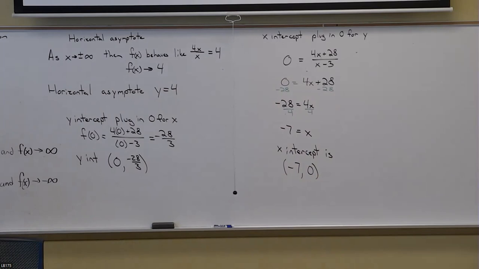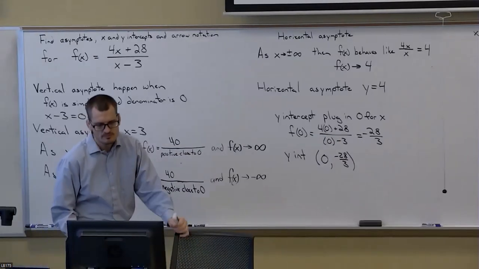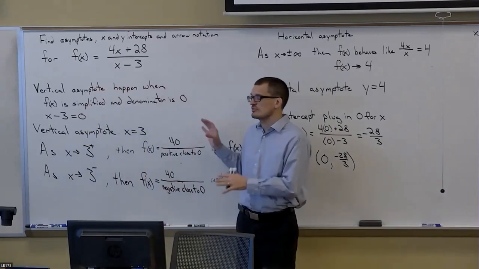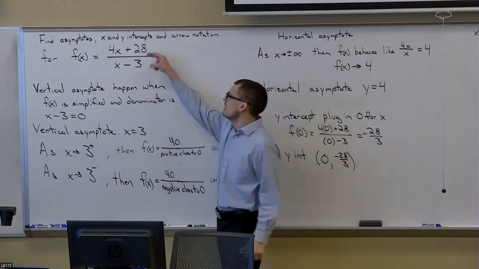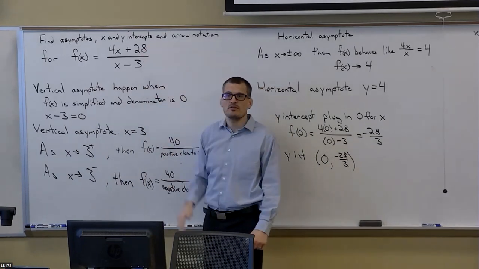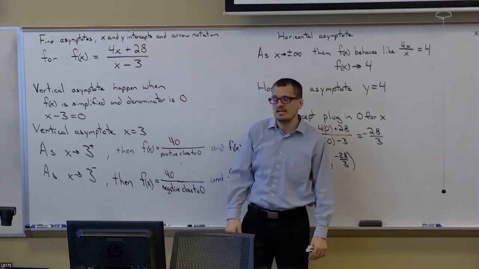Now, I do want to mention before we go, I have been working basically exclusively on linear over linear functions. That's what we've dealt with so far. All of these same principles hold true if my polynomial function on top is degree 5 and my polynomial function on bottom is degree 7.